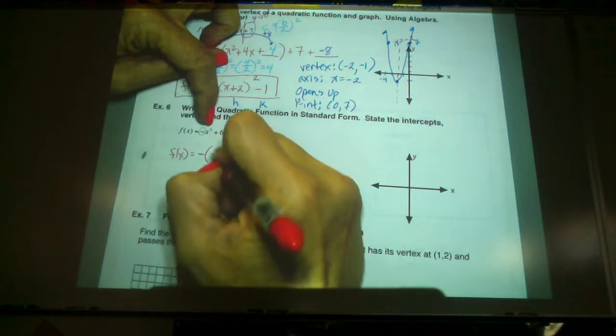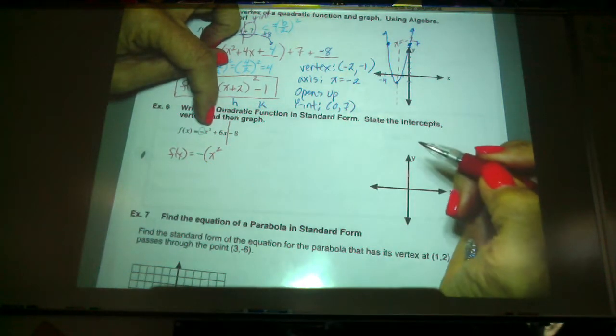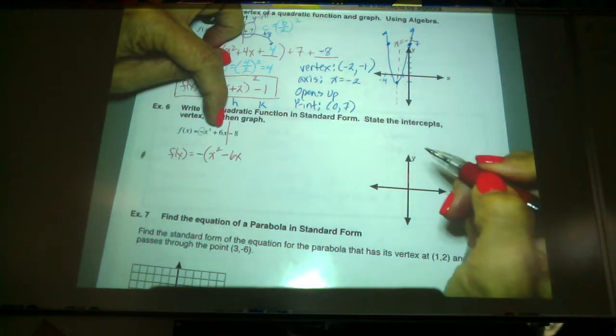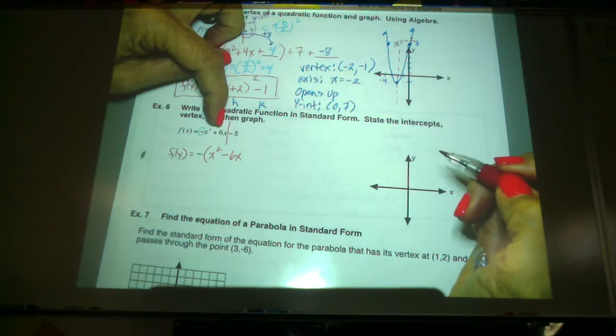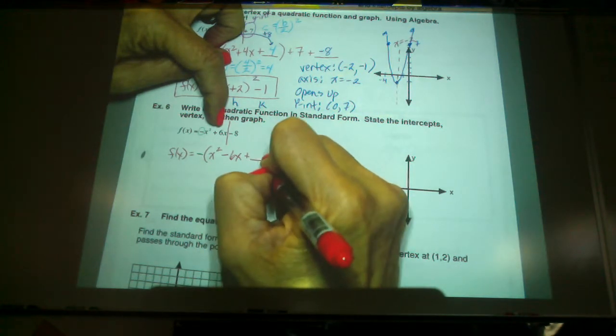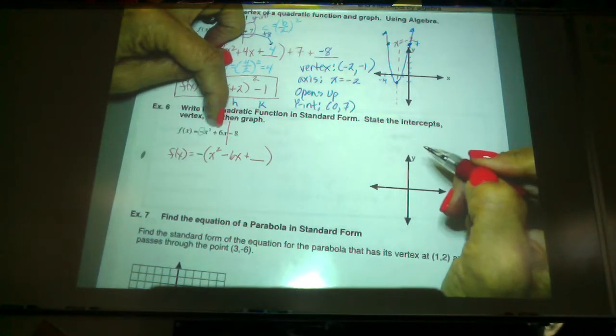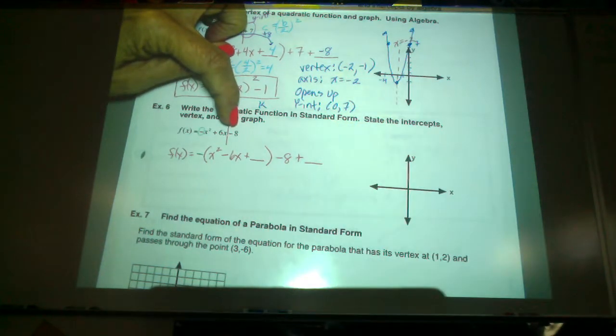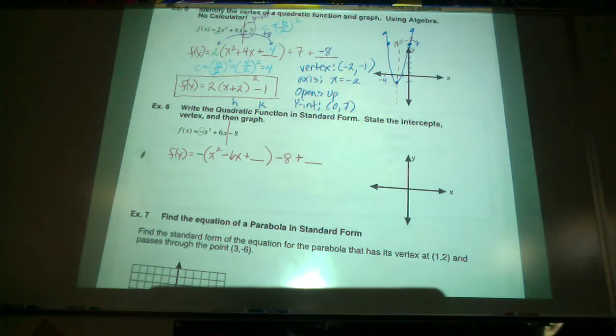So it really just changes signs. That becomes a positive x squared. Negative 6x divided by a negative is a positive 6x. Don't forget about your plus blank and parentheses. Don't forget about the -8 and the other plus blank. So far I haven't done anything different.